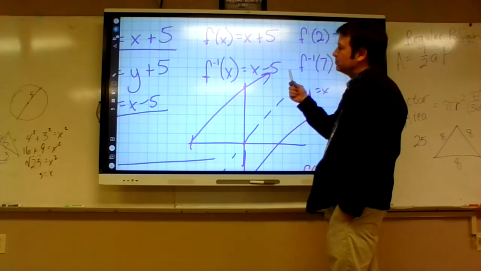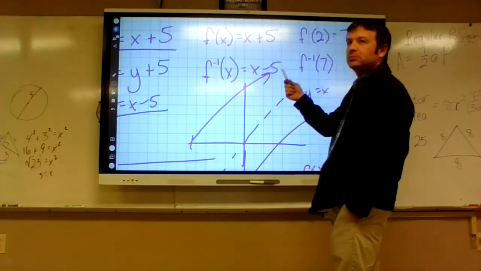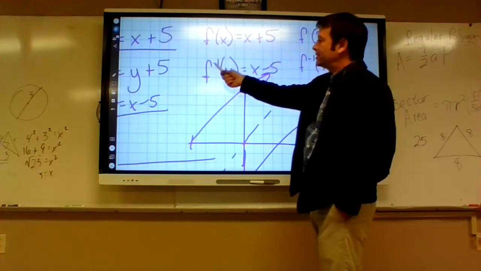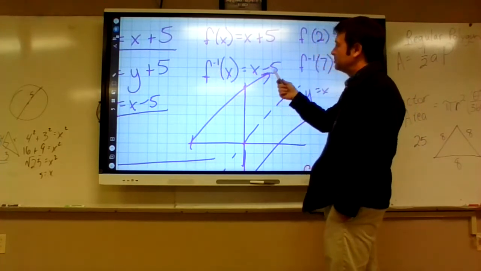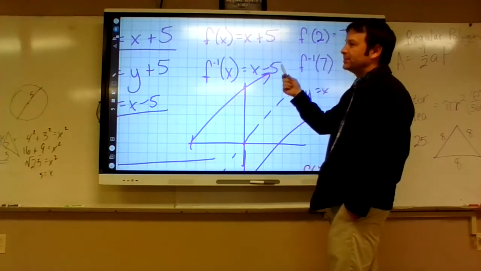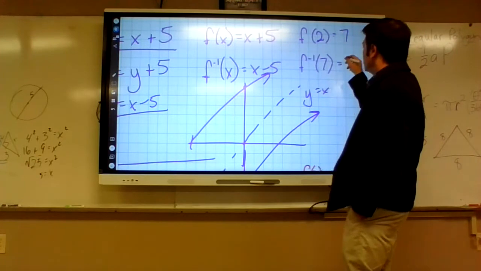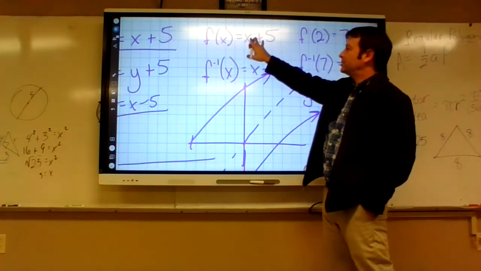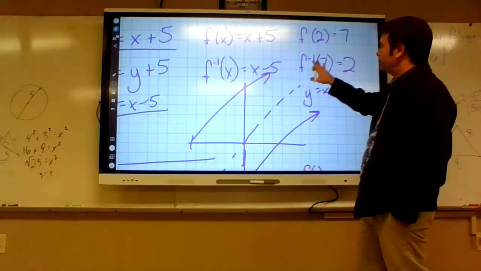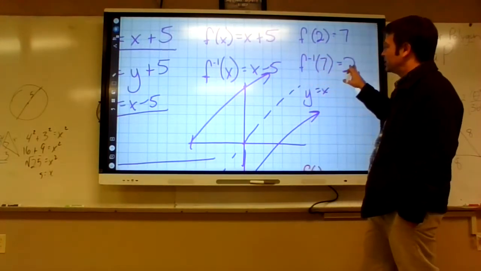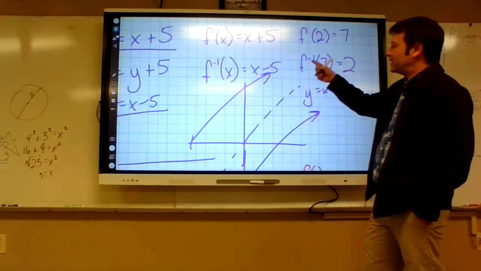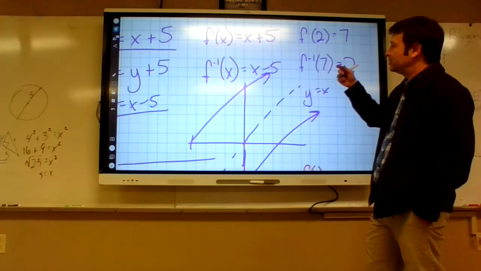What's the difference between f and f inverse? This is the original function. This was the inverse function we talked about at the beginning. If I plug in f of 2, I get 7. If I plug in f inverse of 7, I get 2.